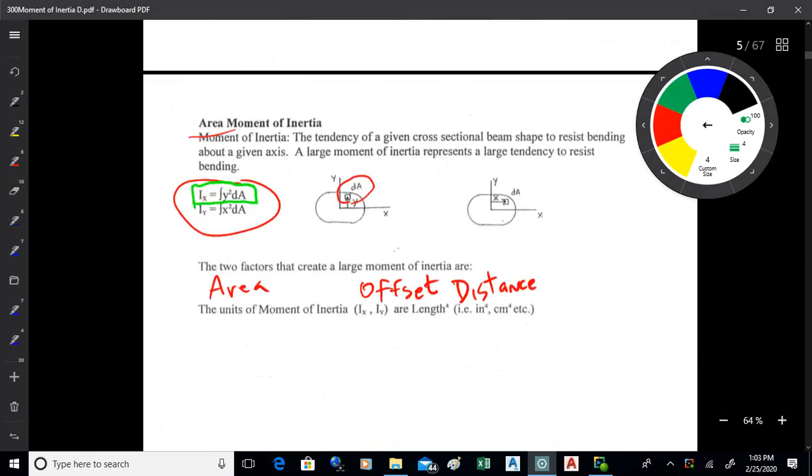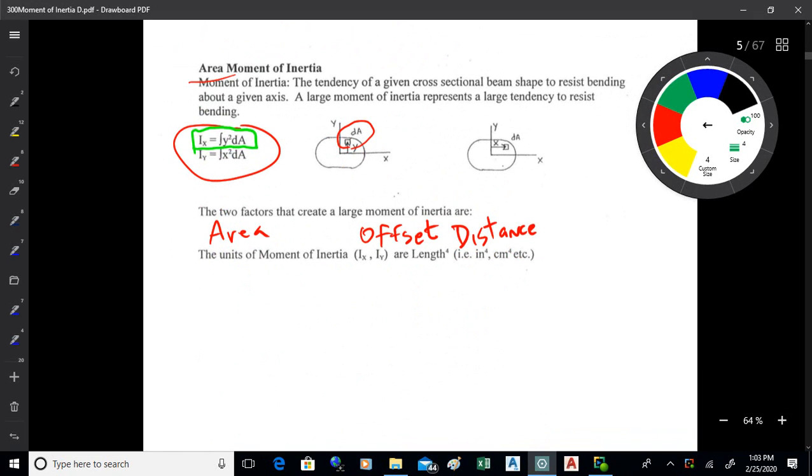All right, now moment of inertia is a number that essentially tells you how a shape will respond when you bend it. It's got nothing to do with the material you make the object out of. It has everything to do with the shape. And the basic moment of inertia formula is based on an axis. You always take moment of inertia about an axis.